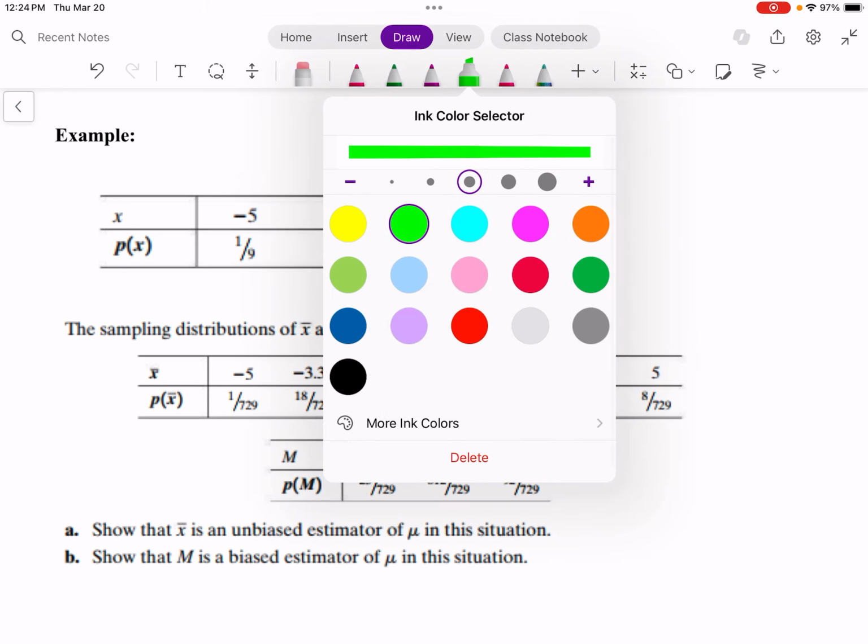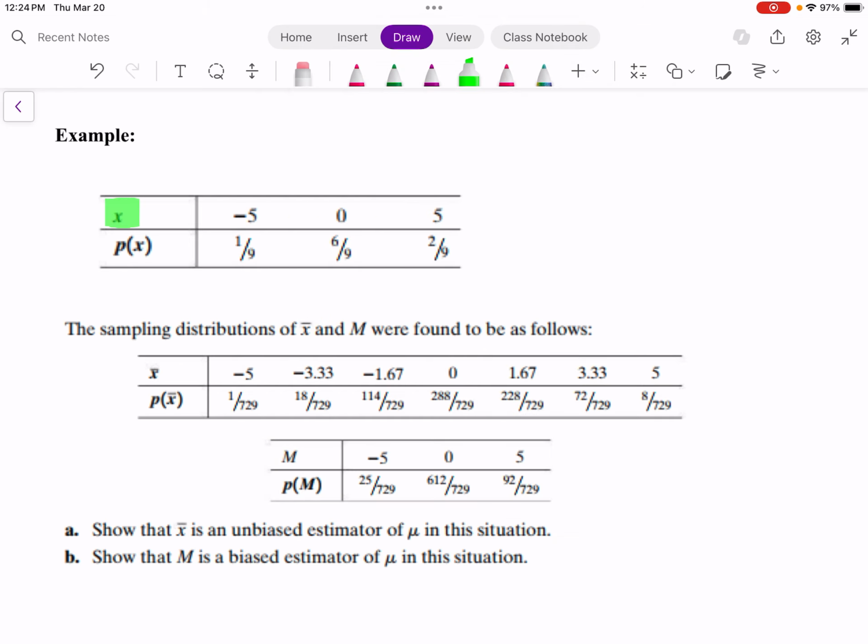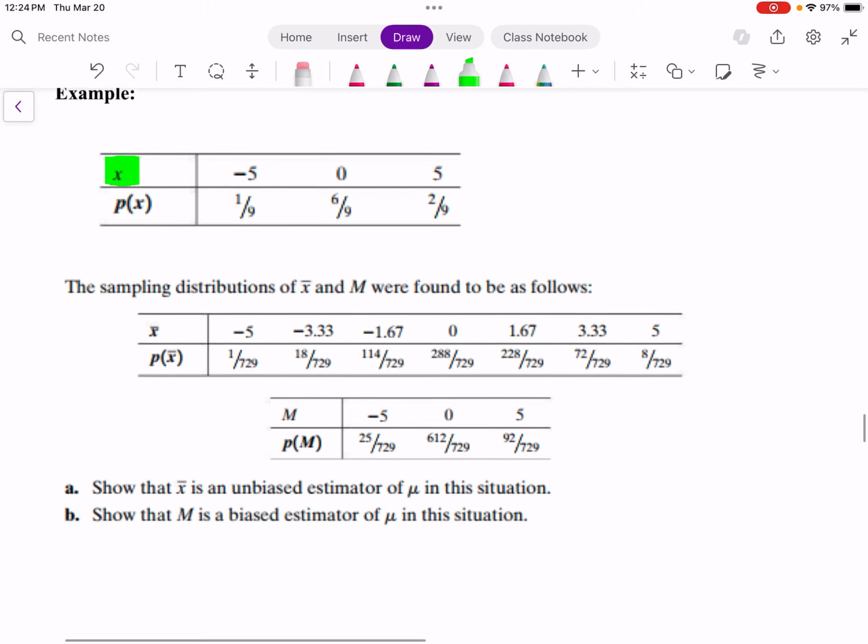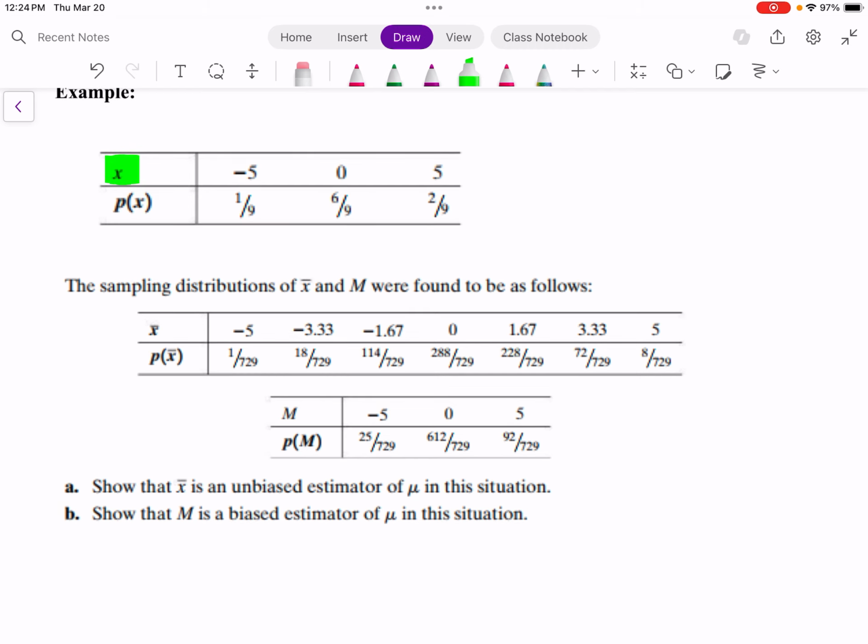Here in the first table the variable is x, and we use x for a discrete random variable or continuous random variable, right? So this is our probability distribution. We have a table here, and x takes numbers which we can make a list of, so our x is a discrete random variable. Now in the second table we have x bar.